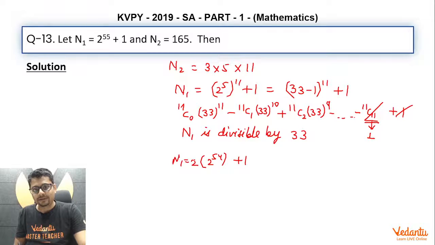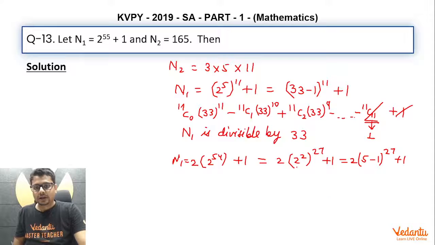Why? Because 2 is 3 away from 5, and 2 square, which is 4, is 1 away from 5. So I'm interested in considering 2 square. So it becomes 2 times 2 square to the power 27 plus 1. Now 2 square is 4, and 4 you can write as what? 5 minus 1.